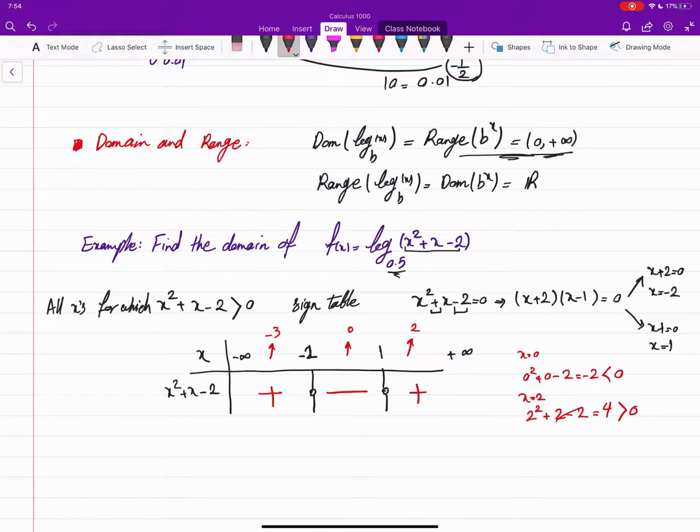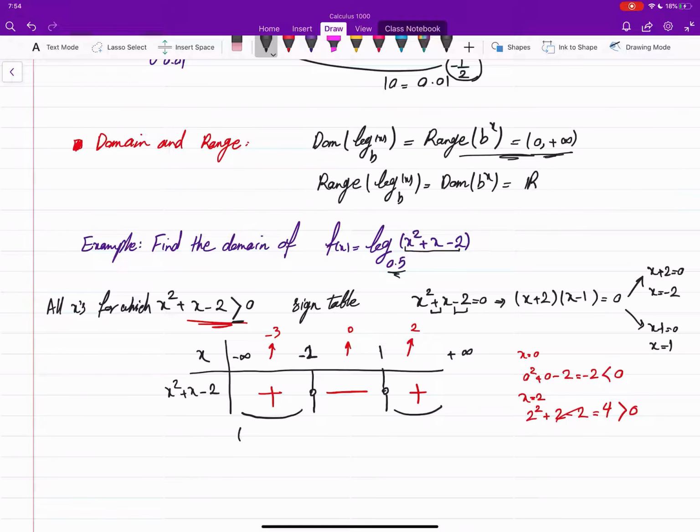But what we are interested in is where the function gives us positive numbers. So that is here and here. Do I need to include the 0 points? No, it just says strictly bigger than 0.